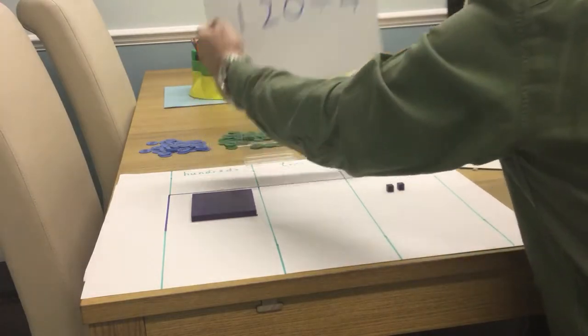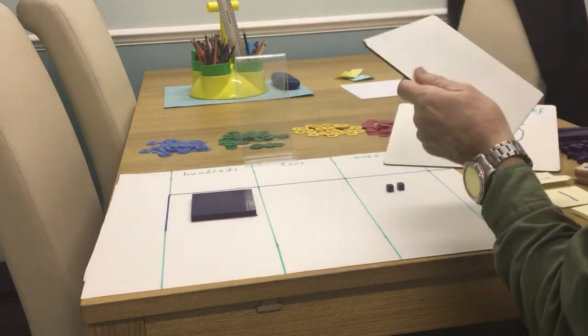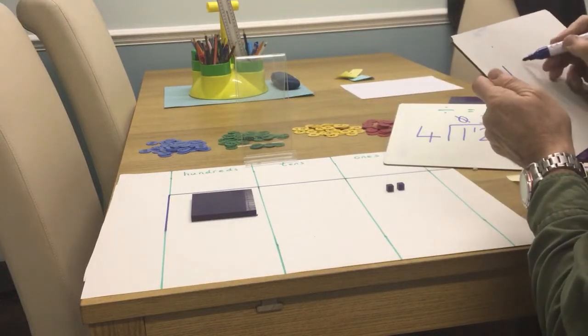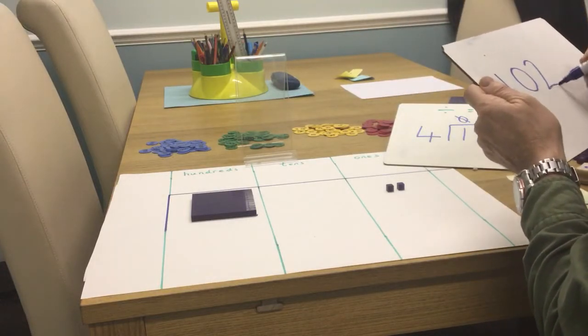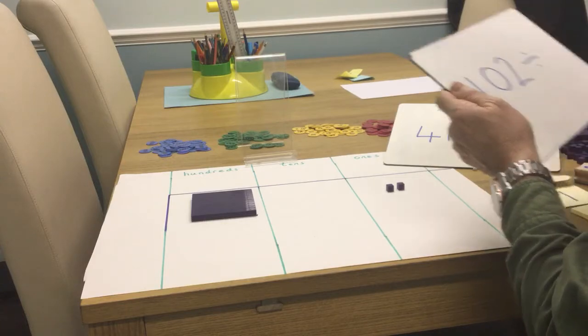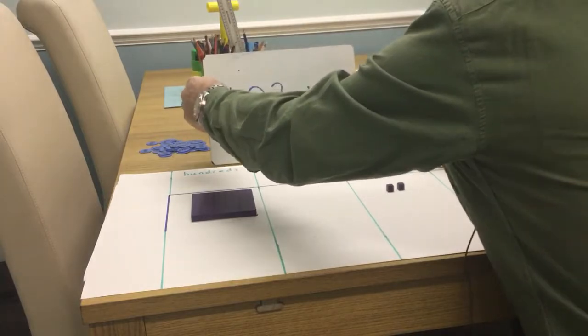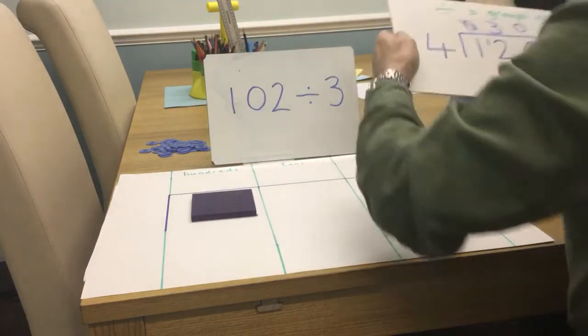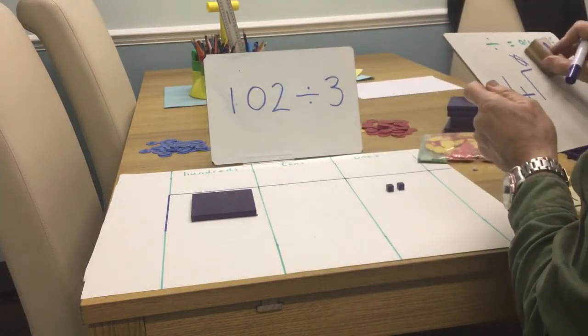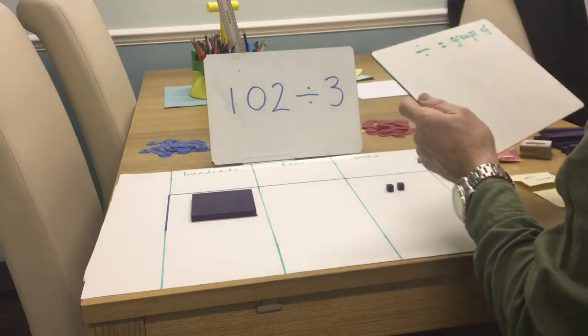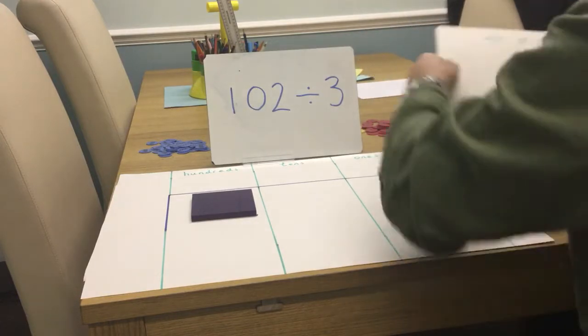And I'll change the question to 102, and we're going to see if we can divide 102 by 3. So there's the question. And that's going to look like this.